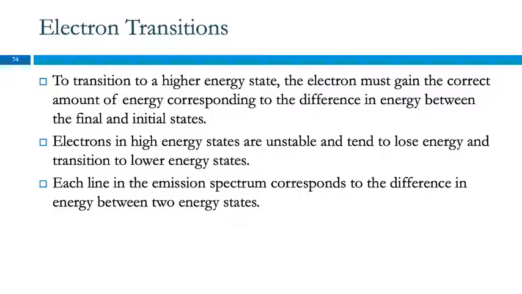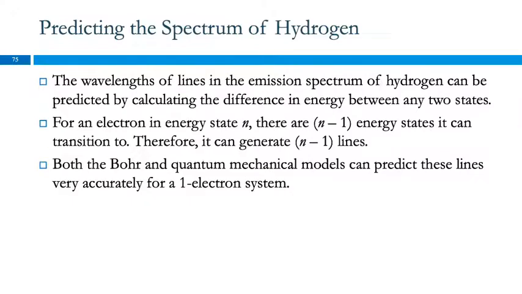Electrons in higher energies are unstable and they lose energy and go down to lower energy states. So we can predict the spectrum of hydrogen because Bohr's model works for hydrogen. It's just so much less complicated.